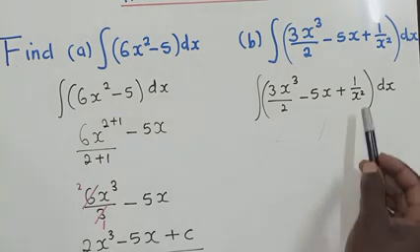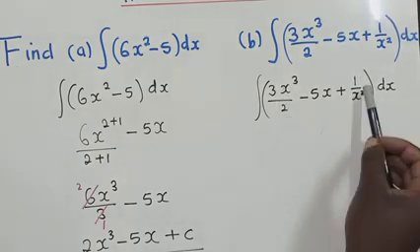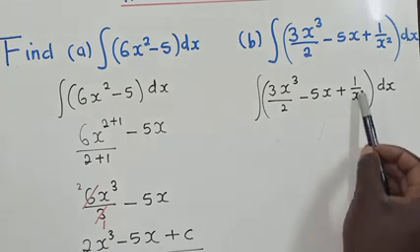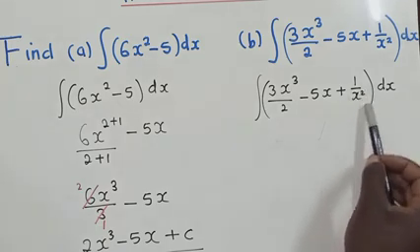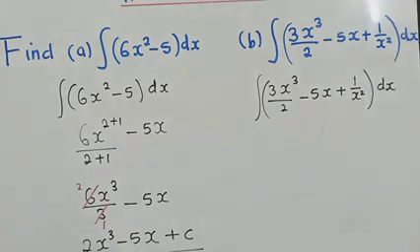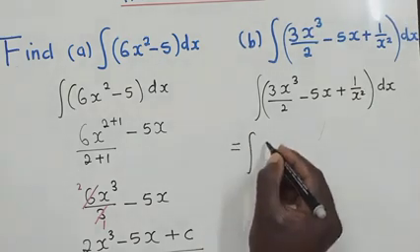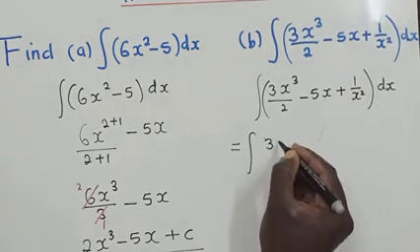Whenever you see a fraction, we have a fraction here and a fraction here. Here there is a fraction and there is a letter that we are respecting down here, so we cannot integrate the way it looks. We need to change things using the laws of indices. It will look like this.